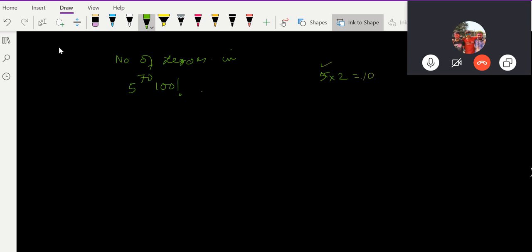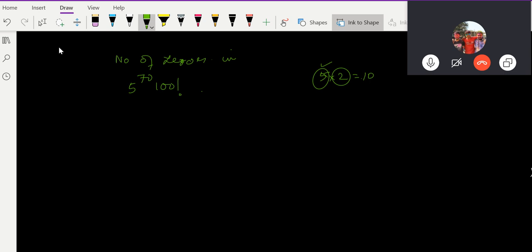There are lots of 2s. Because the power of 5 would be less than the power of 2. But you have to be careful. That is not always the case. You have to see which of the two has the lower power. That will dictate the number of zeros in the given number.